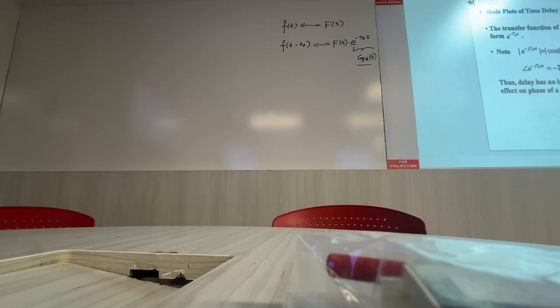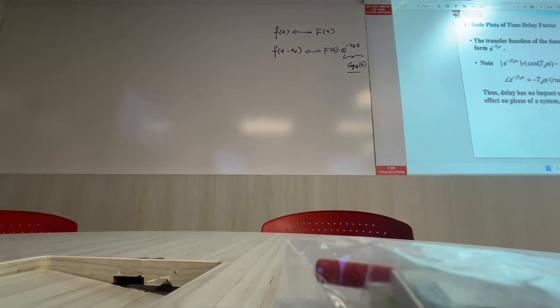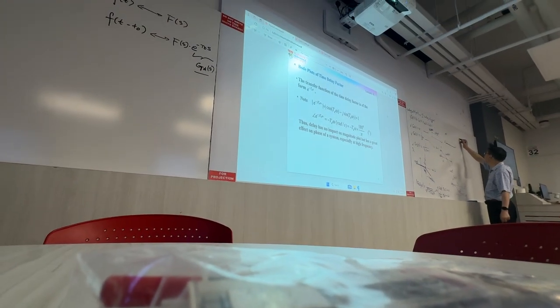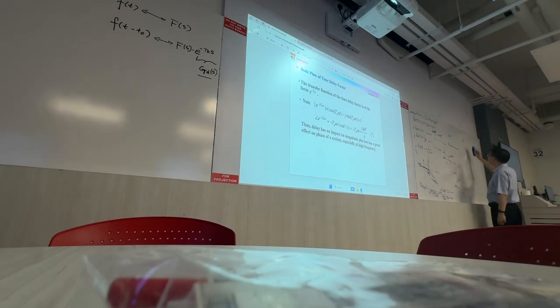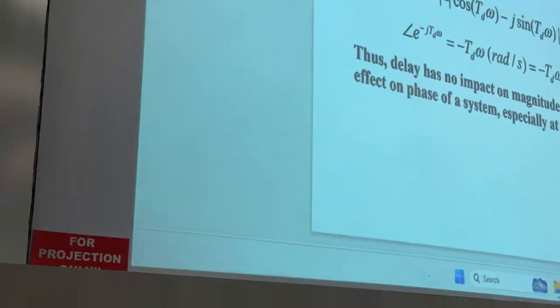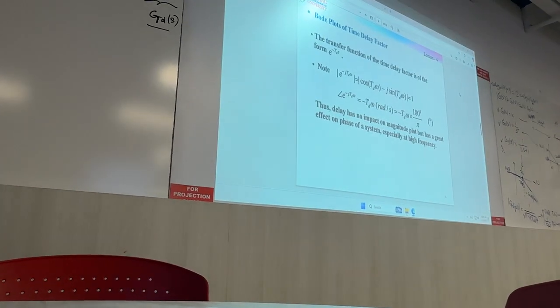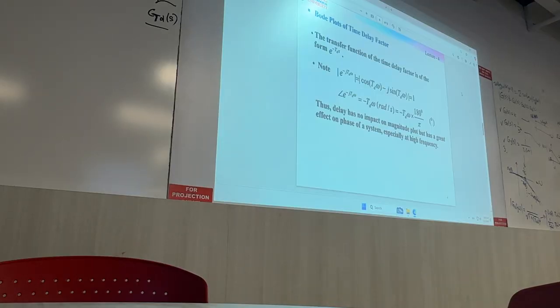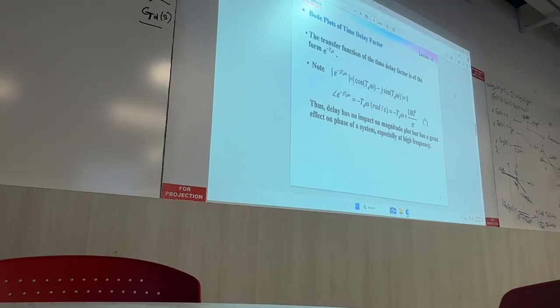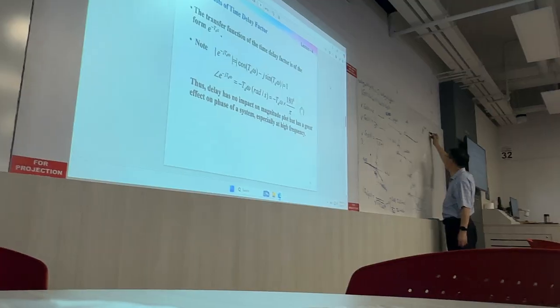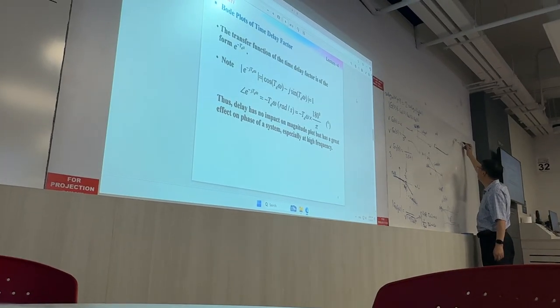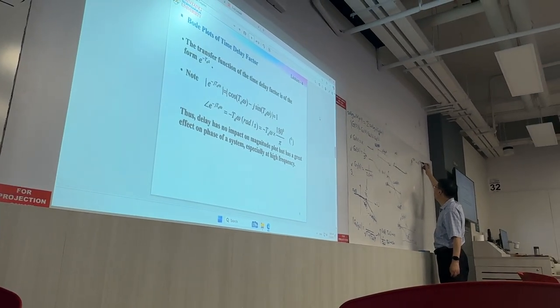So if we draw the phase of this guy, here d, if we treat this one as a basic factor, e to the power minus TDs, and its frequency response is called e to the minus jTD omega.